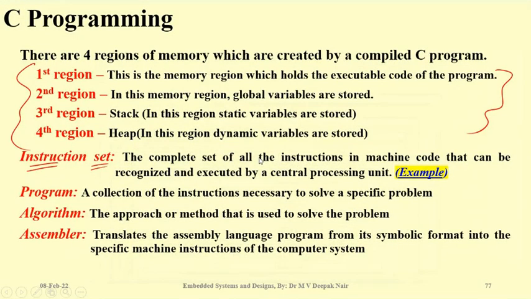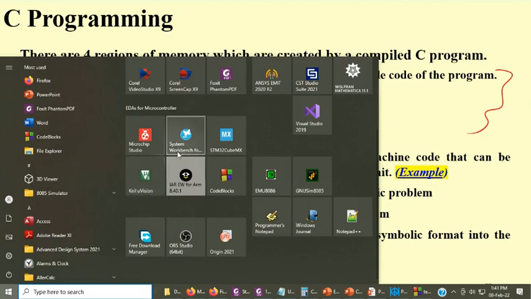That means, for example, there are many compilers like Keil, System Workbench, Microchip, IAR, and even Code::Blocks. These compilers all use almost the same instruction sets, but they might use a different approach to write different functions.